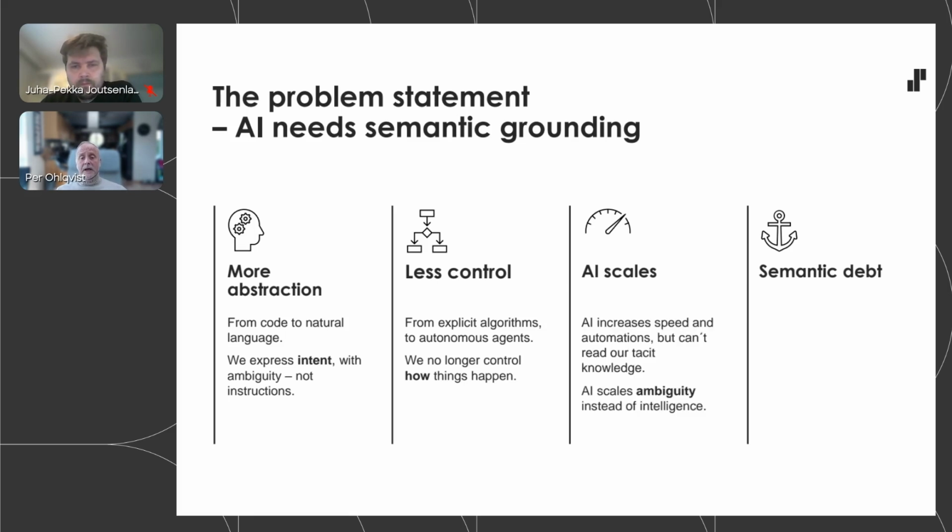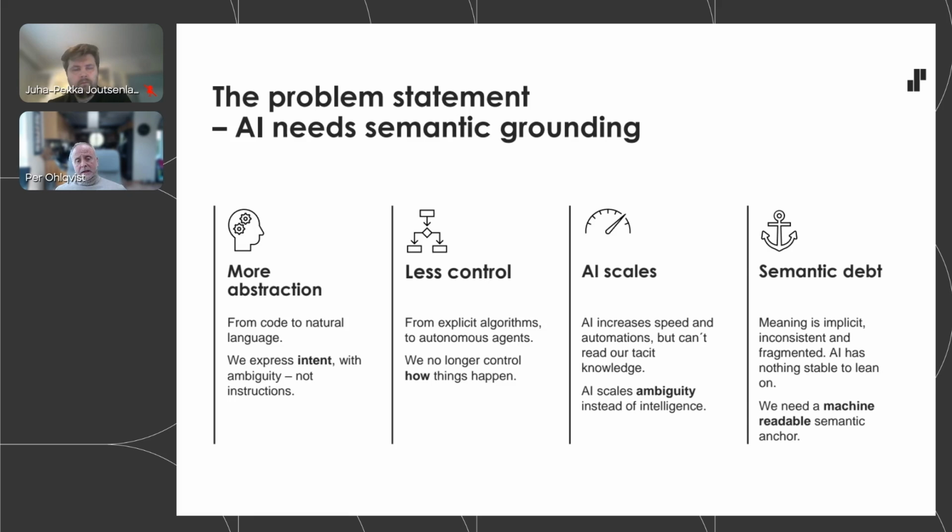It scales ambiguity at machine speed, and one misunderstanding becomes easily millions of wrong decisions. And the semantic depth: decades of implicit, fragmented meaning. AI has nothing stable to ground itself on. And the answer should be something like machine-readable semantics, formal definitions, explicit rules, and clear boundaries, context that both we and AI can actually understand.